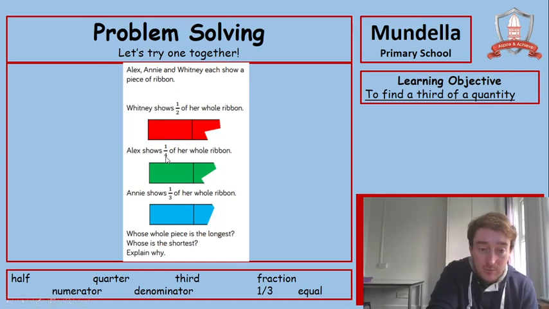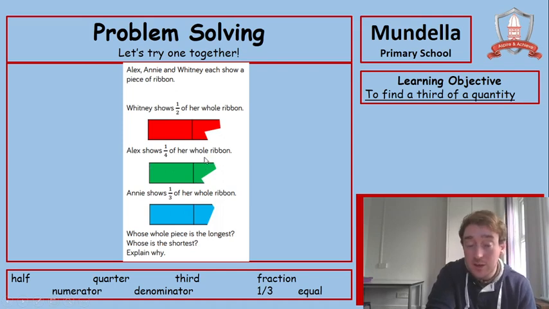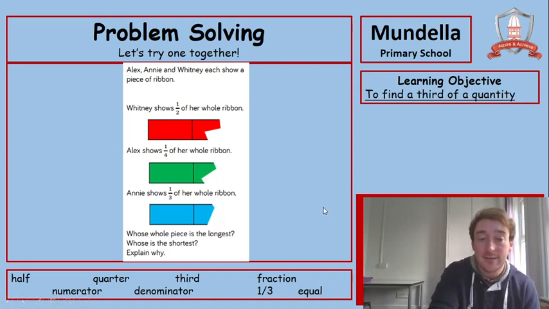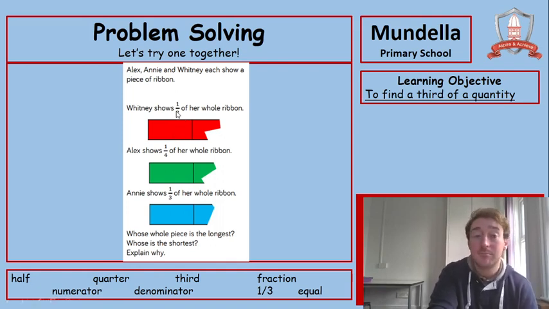Alex's is 1/4, so this is one of the 4 equal pieces, so it would be out to here, and then another one, and then another one. It would be double the length of Whitney's by the looks of it. And Annie shows 1/3 of her ribbon, so this would be one of only 3 equal size pieces, which would go to here. So I think that Alex's would be the longest ribbon, and the shortest would be Whitney, because there are less parts that we haven't seen there.